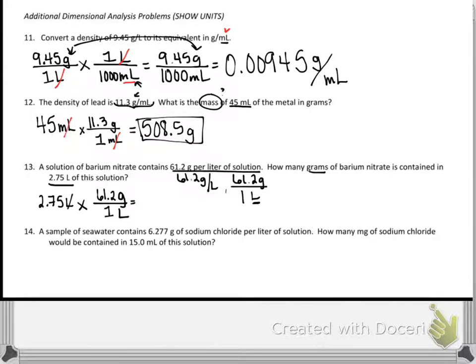We can get rid of our liters. So 2.75 times 61.2 is going to be 168.3 grams. I'm happy with my units, so I can stop there.